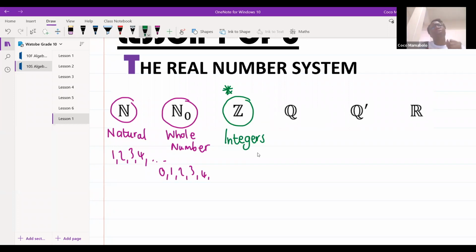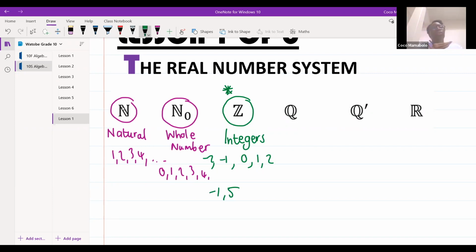And that's the one thing I was going to emphasize the most. Okay, there's 0, there's positive 1, positive 2. Then we've got negative 1 and negative 2 going in that direction. Now, exactly like Lusanda just said, they are positive and negative whole numbers. So we cannot, under any circumstance, include negative 1.5. Negative 1.5 is not an integer.